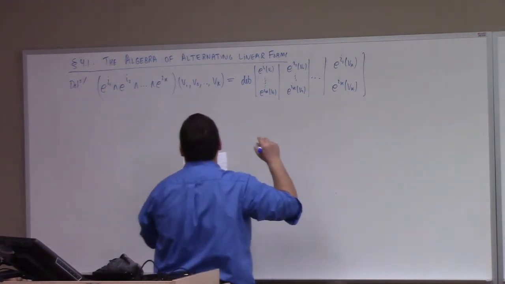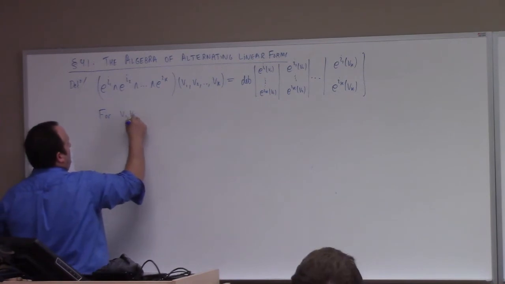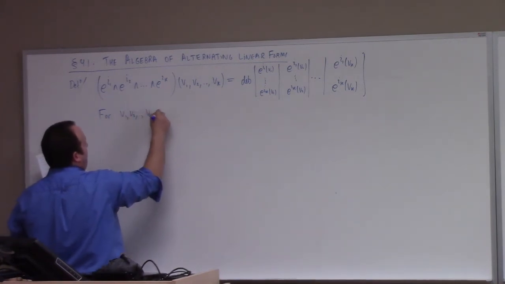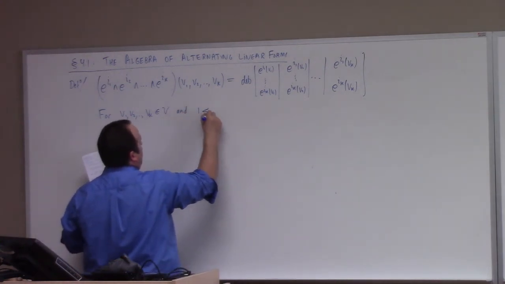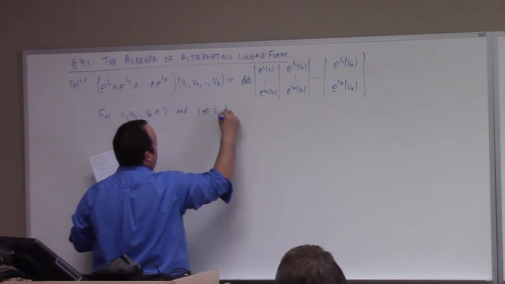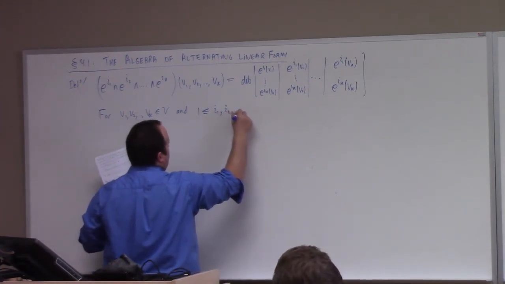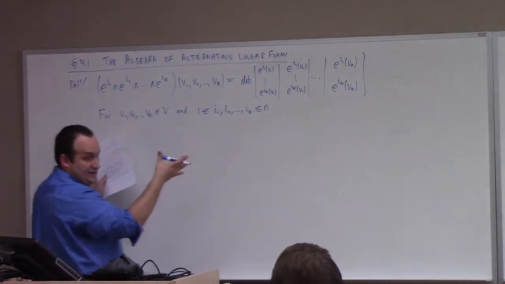But here's the wrinkle. This is for V1, V2, up to VK in V, and 1 less than or equal to I1, watch this, comma, I2, comma, up to IK less than or equal to n. I make no concession.